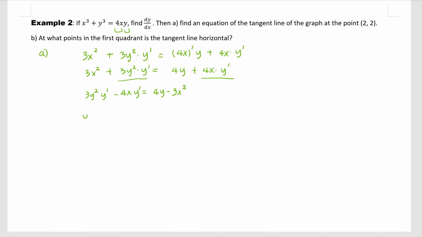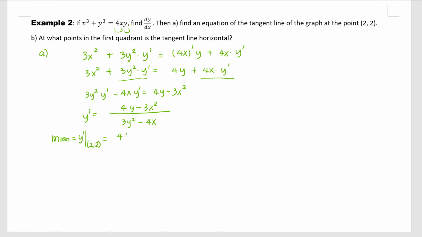And can you factor out y prime on the left-hand side? Then your answer is the right-hand side divided by whatever you factored out of y prime on the left. Yes, so this is our derivative. And we want to find the m tangent, which is the derivative evaluated at the point (2, 2).